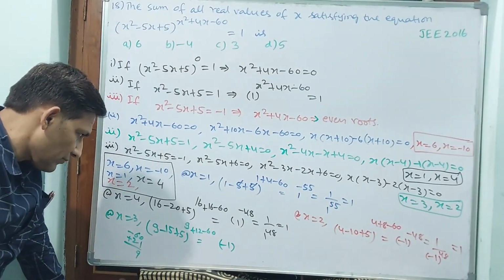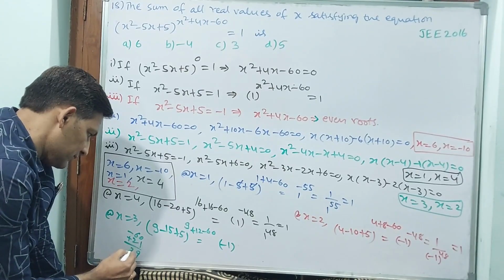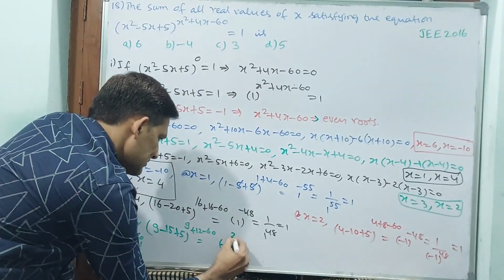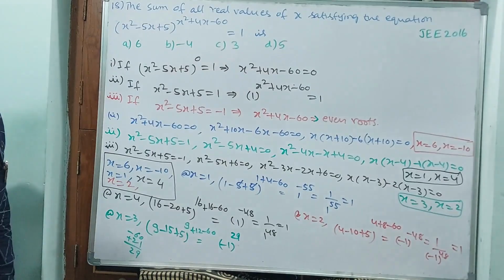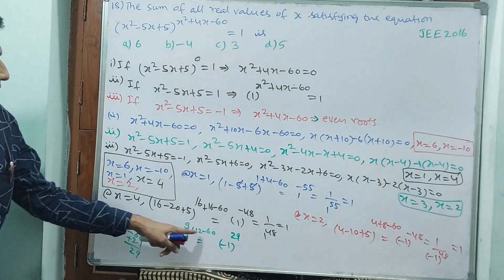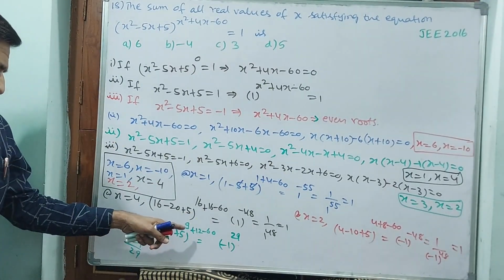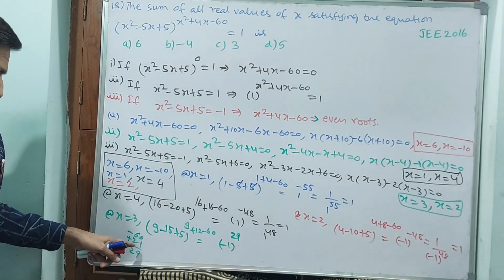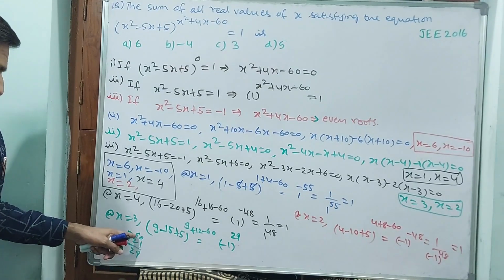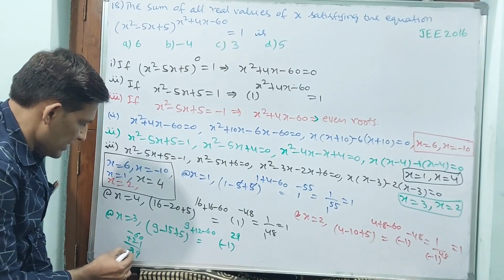Here, 3 square 9, 3 into 4 12, so 9 plus 12 is 21, and 21 minus 60 is minus 39.